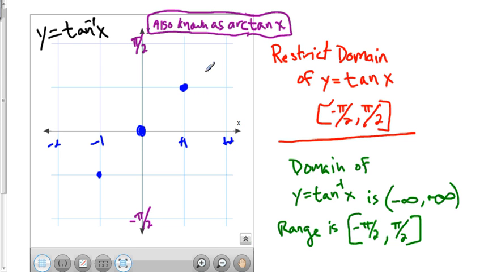So let's graph these, and it's going to look like this, and then continue that way forever and ever. And continue that way forever and ever. And actually, I should have gone like this. Okay, and there's the graph of the inverse tangent x.